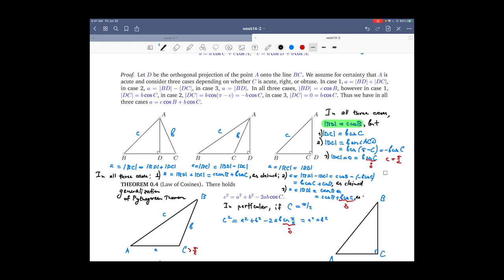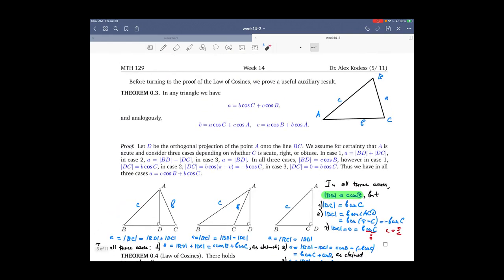Again, as claimed. So in all 3 cases, we get the desired result, that a equals b cosine C plus c cosine B.